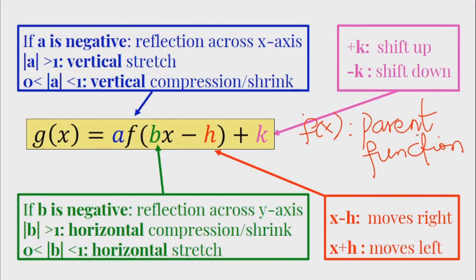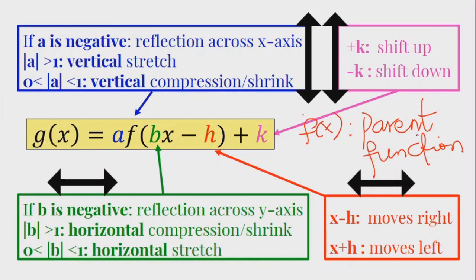Again, this works for every type of function. You can see that a and k are vertical: k is up and down, a is along the vertical direction, and then b and h are sideways, horizontal.